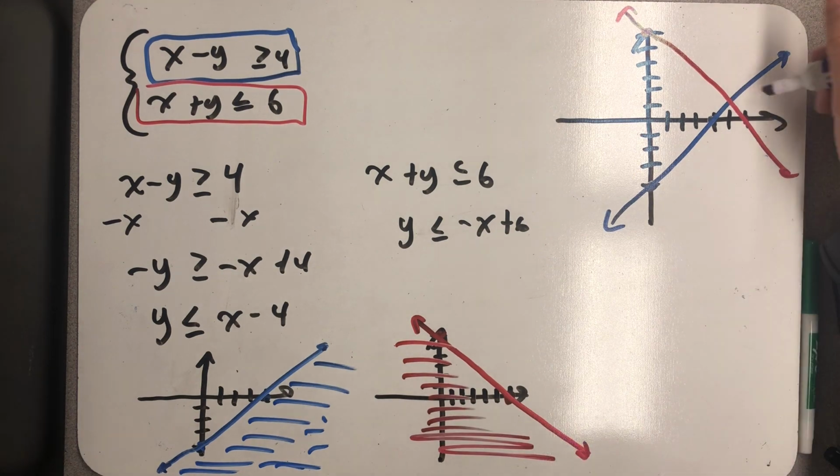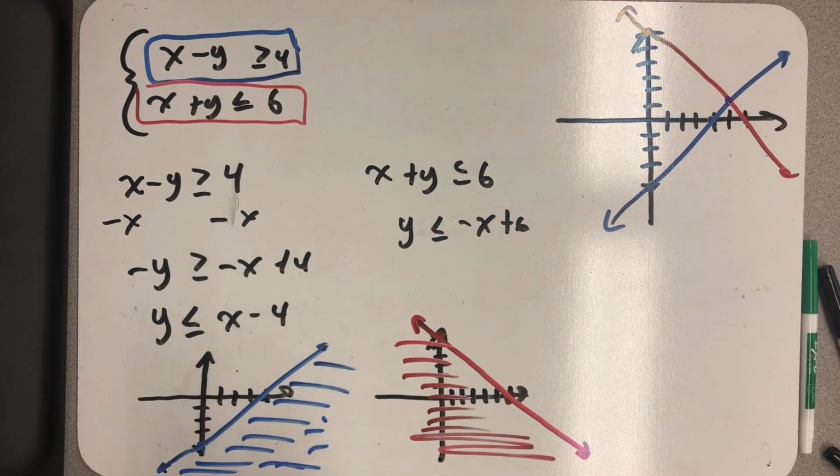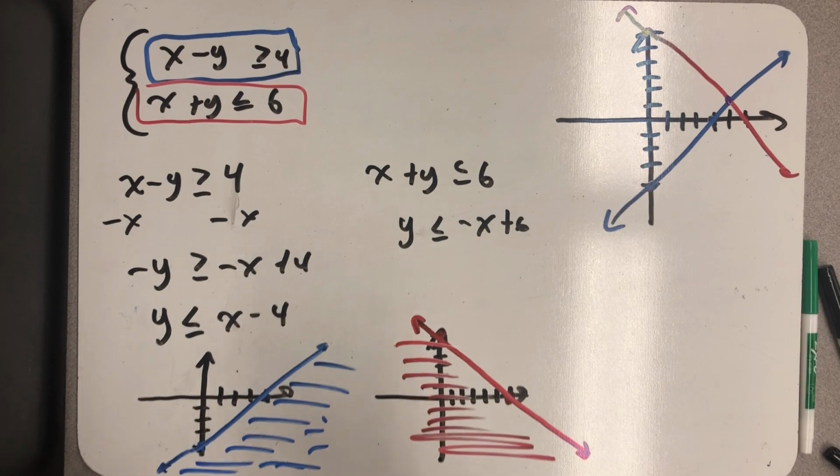And this point here where the lines intersect, that definitely solves both because both have an equals to. That point would actually be the solution to the system of linear equations that I get if I just replace these with equals to. So now I see 1, 2, 3, 4 places I could possibly shade, and I need to shade the place that solves both of these at the same time.